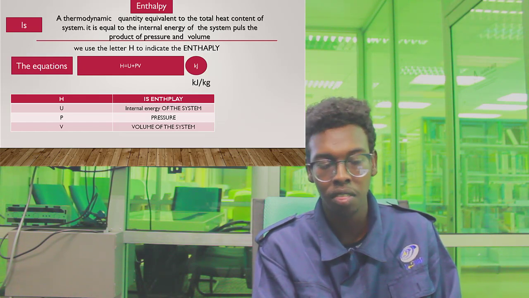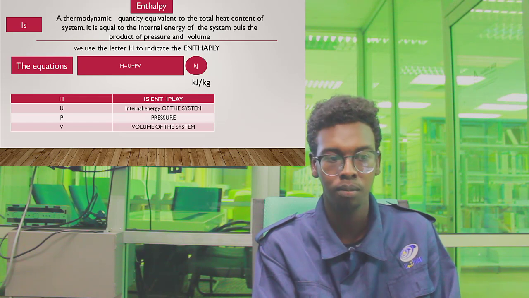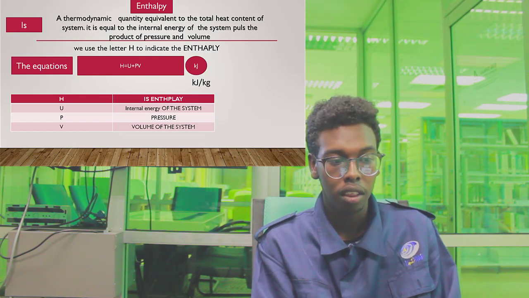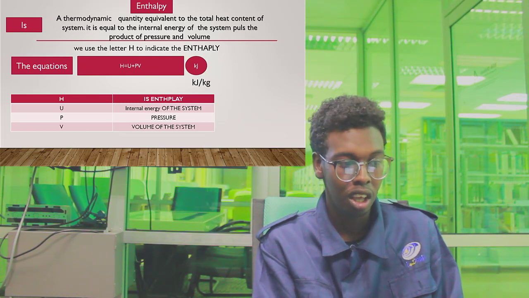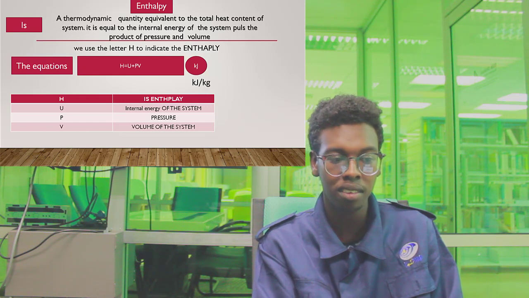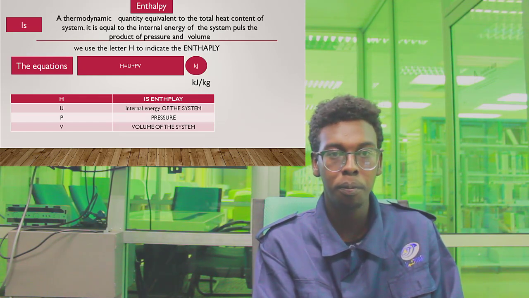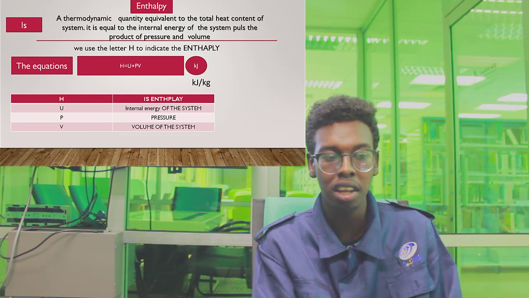The equation for enthalpy is H equals U plus PV. It has units kilojoule. U means internal energy of the system, P means pressure, and V means volume of the system.